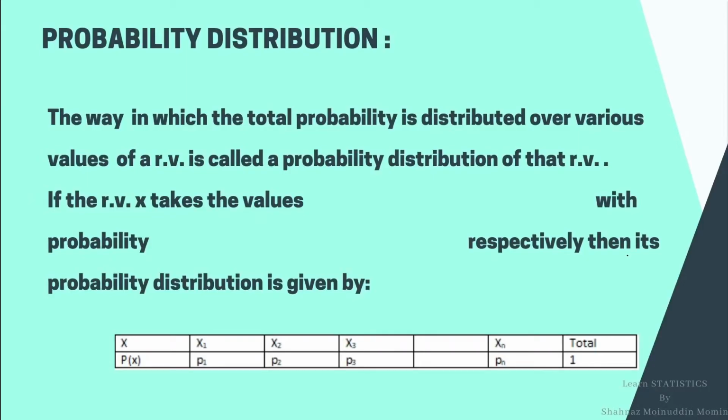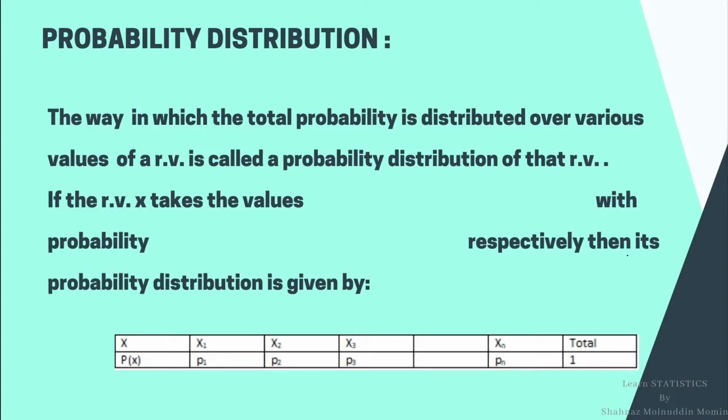Probability distribution. The way in which the total probability is distributed over various values of a random variable is called a probability distribution of that random variable.